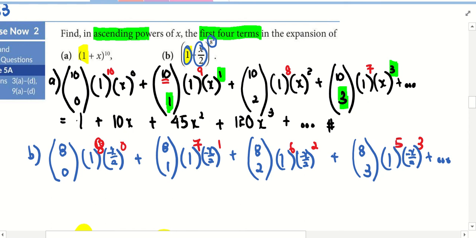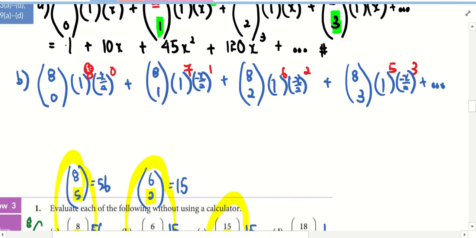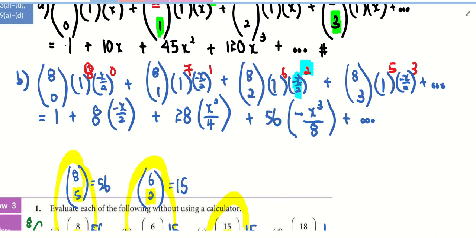Take note, the two powers must sum up to the original power, in this case 8. Then I can press and evaluate with the calculator. After you evaluate all the terms in the bracket, then you simplify it with your calculator again. Not plus, negative.